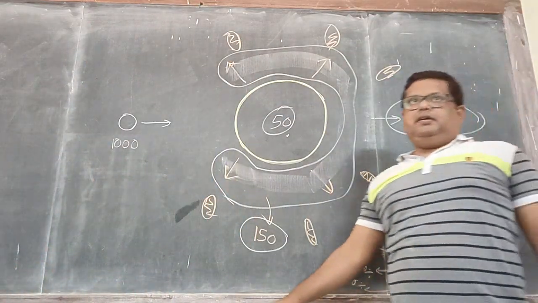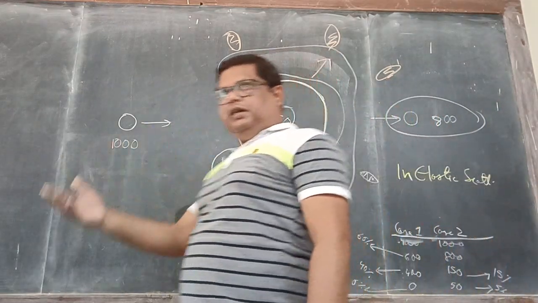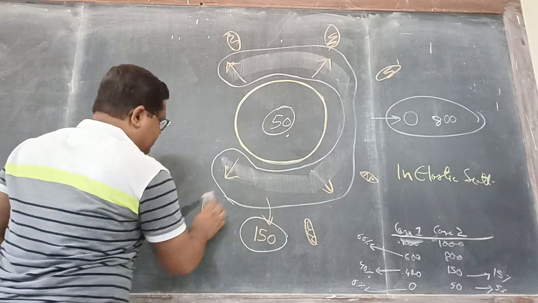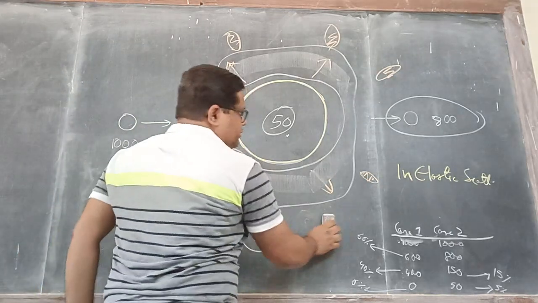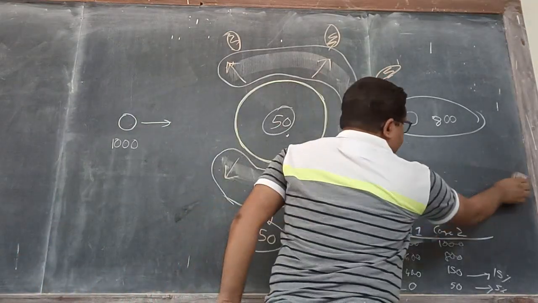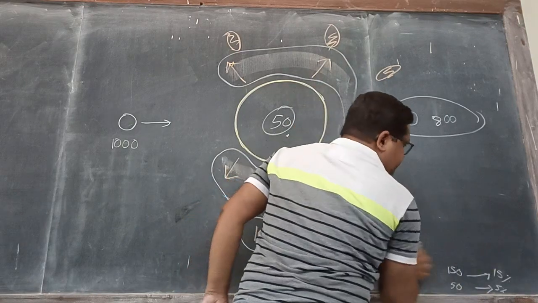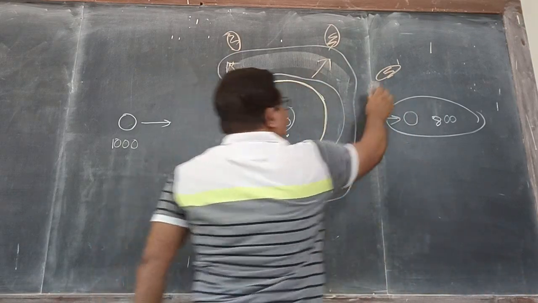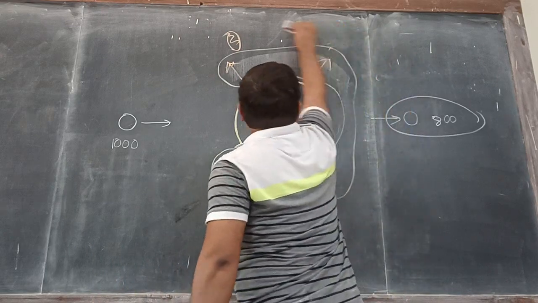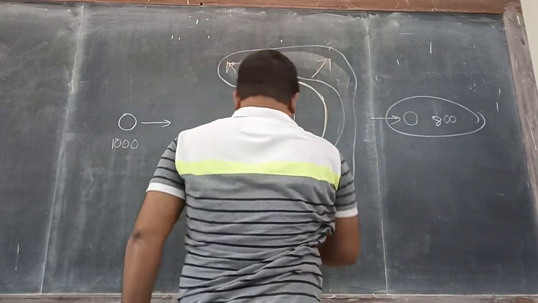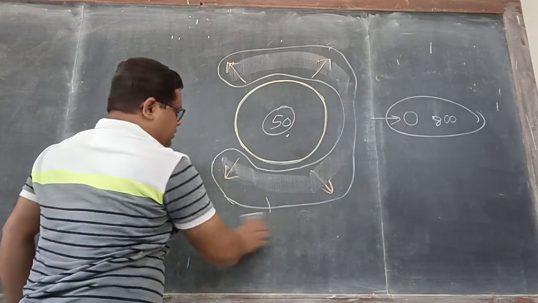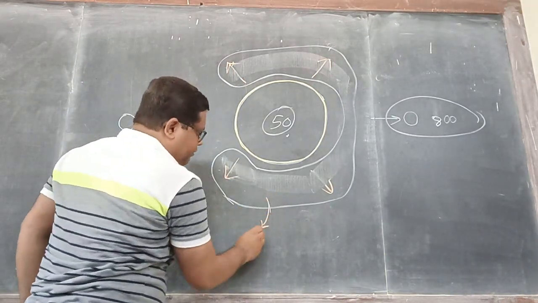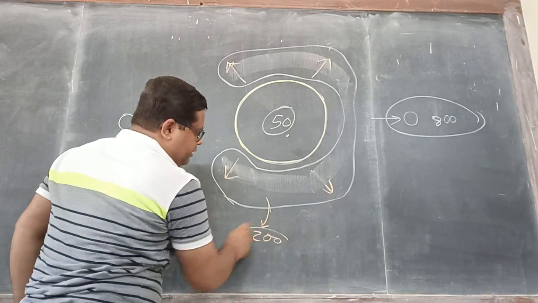Now suppose, let me tell you something interesting. Let me talk about case 2 again, but a little bit different. Again I did the observation and I found the number to be 200.